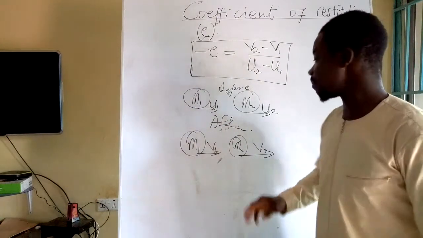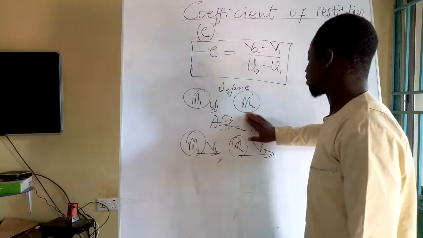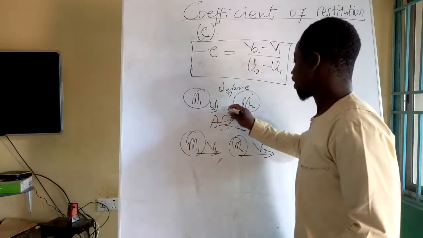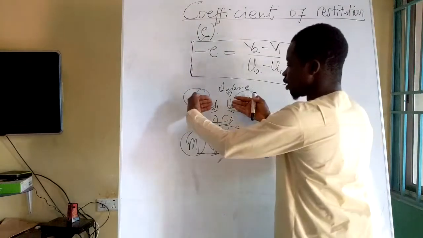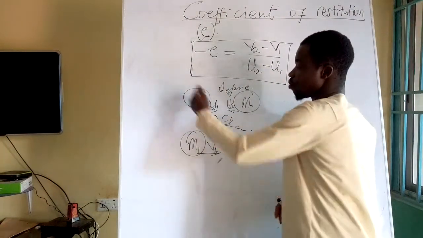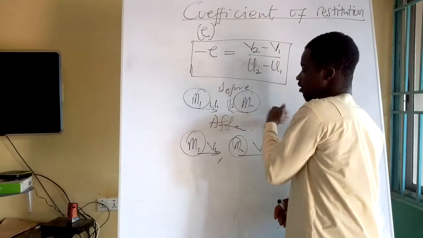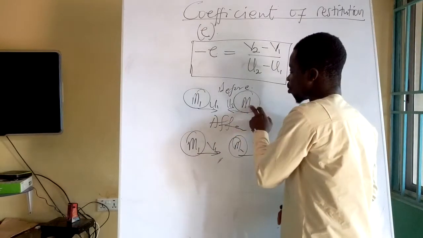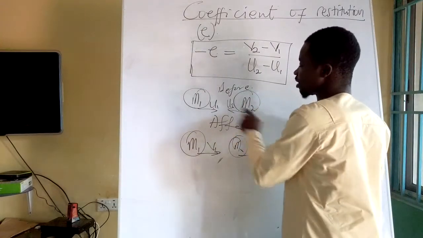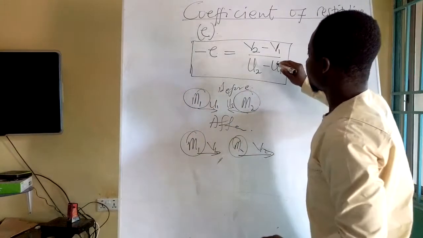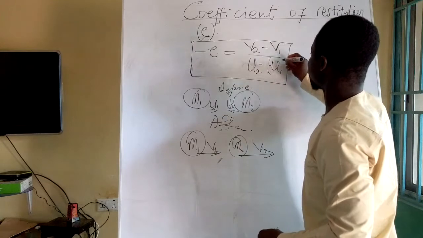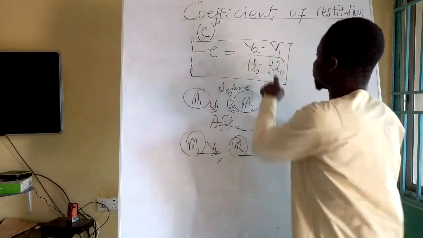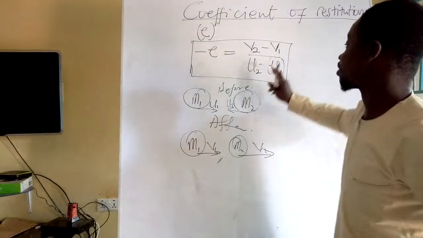But in a situation whereby the two bodies approach each other, while this one is moving in the positive x direction, this one is moving in the negative x direction, because M2 is moving in the opposite direction. The initial velocity of this will have to be negative. We'll have to take into consideration the direction of the velocity.